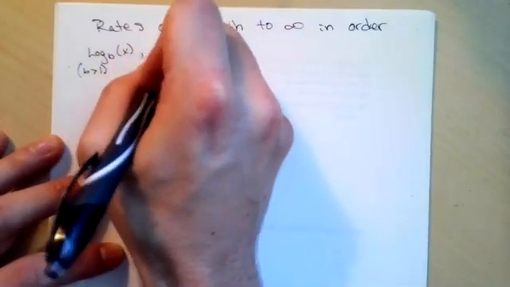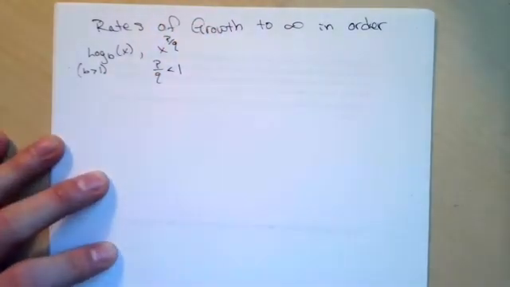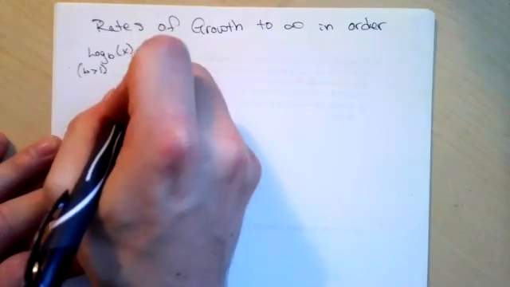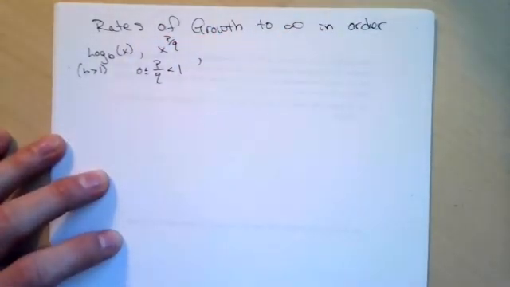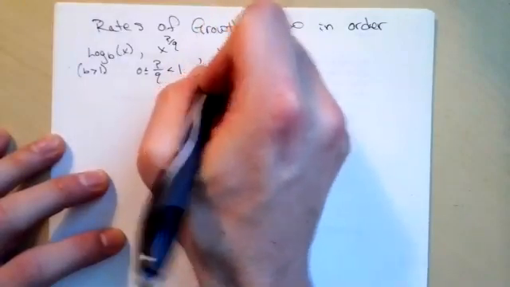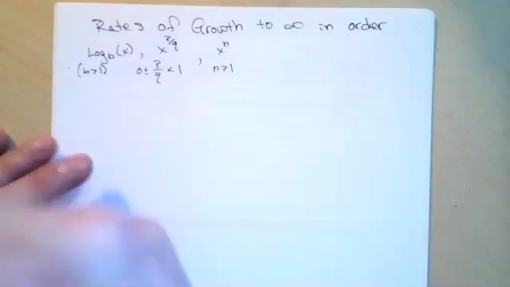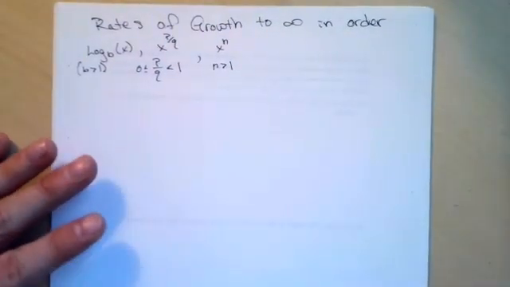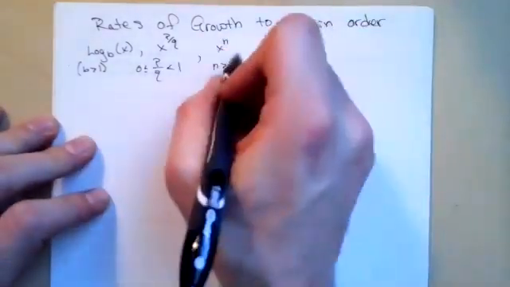Fractional bases are weird. Then fractional exponents, specifically less than 1. Then polynomials. Or you can even have fractions if you want to use x to the 5/2. Still going to go to infinity.